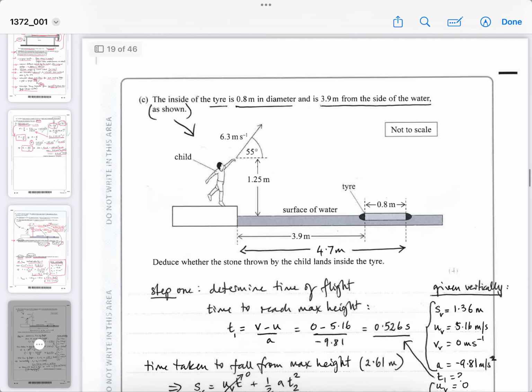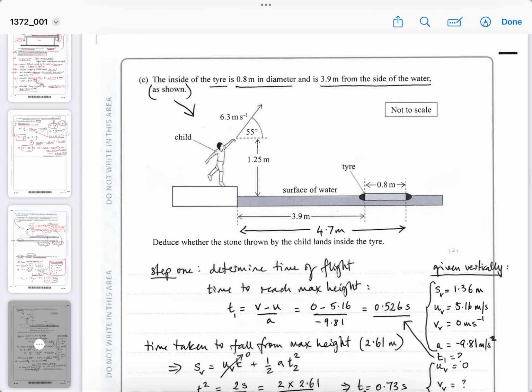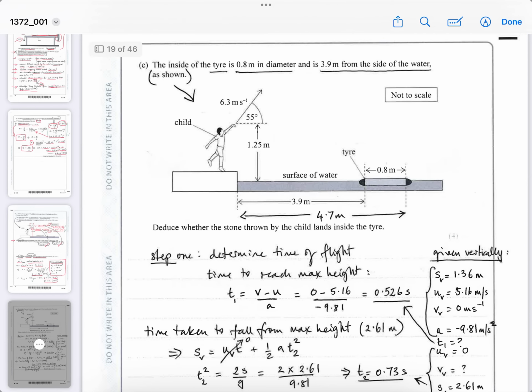Once you've done that, it then goes into part C. The inside of the tyre is 0.8 meters in diameter and is 3.9 meters from the side of the water.